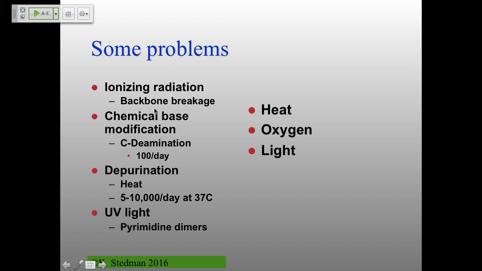Ionizing radiation almost always leads to some of the problems that this model has, like this thing here hanging out, backbone breakage. So the phosphodiester backbone gets those breaks, and that's exactly what radiation therapy does: it causes lots of breaks in the backbone of DNA.